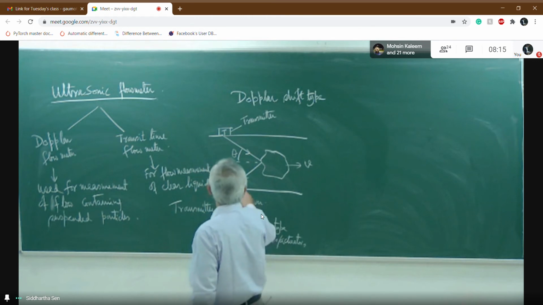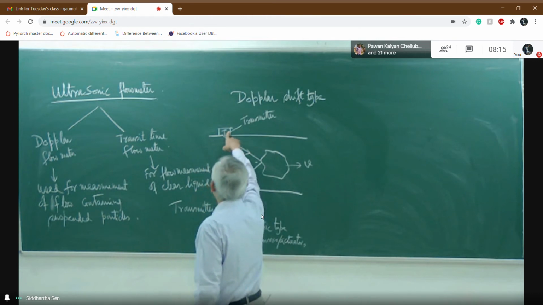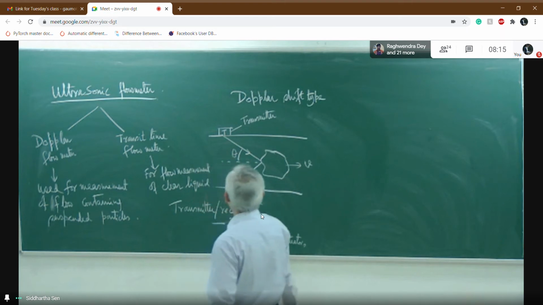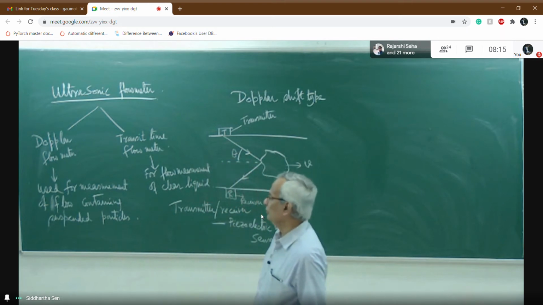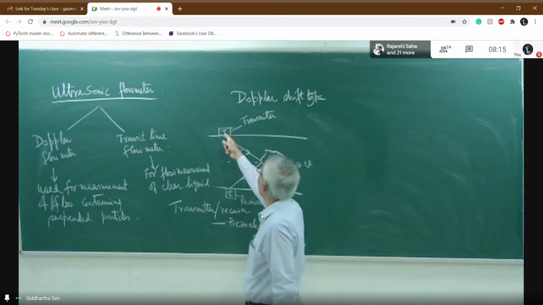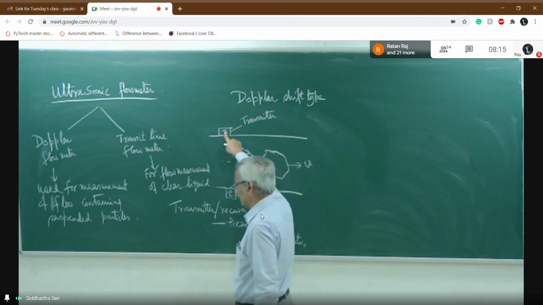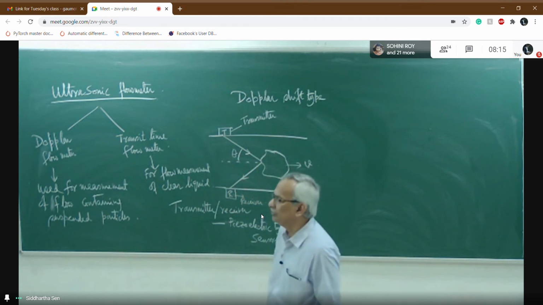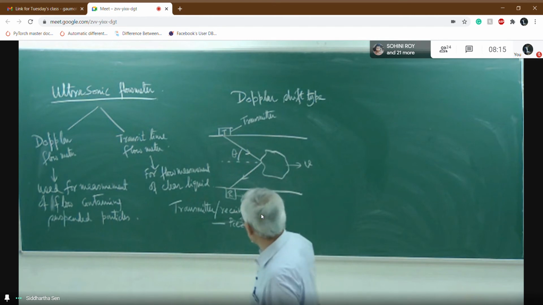And definitely the frequency at which we are sending it is different from the frequency we are receiving it. There would be a difference of frequency between the ultrasound sent and the ultrasound received by the receiver, and from that we measure the velocity there.